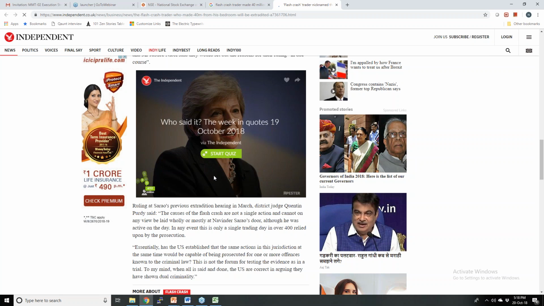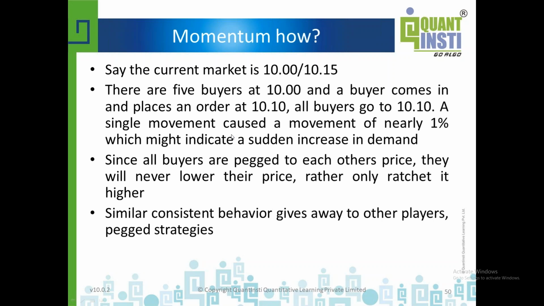So he made a lot of money just by spoofing the markets. For people who were questioning whether such momentum really exists: yes, it does, and this guy made millions just by doing this.